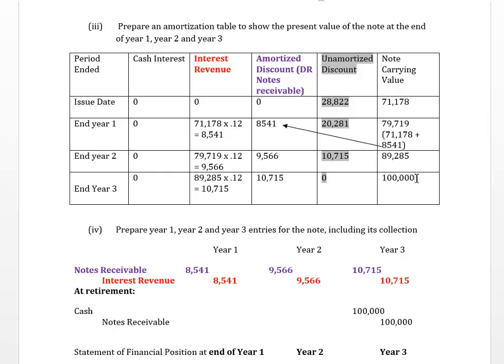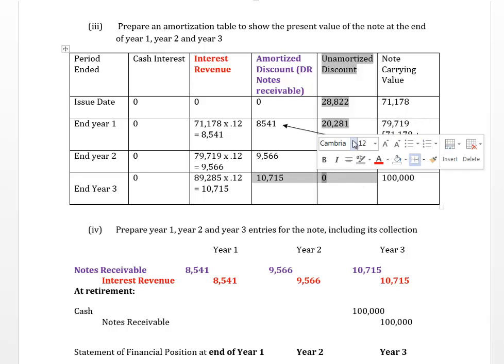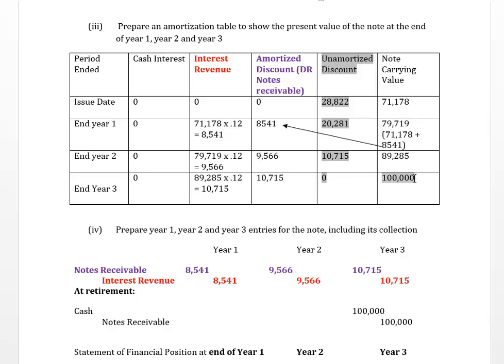So every year we would take the $100,000, which is the face value of the note, and we would reduce it by the amount of the unamortized discount each period. Well, don't forget, we're only doing year 1, year 2, and year 3. So don't forget, we'll take $100,000 and we would reduce it by $20,281 in order to get $79,719.